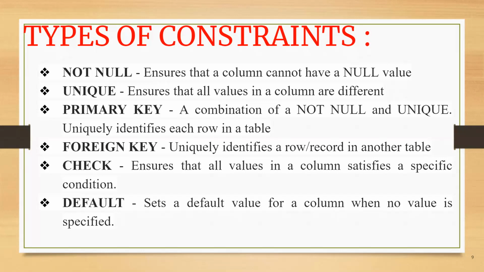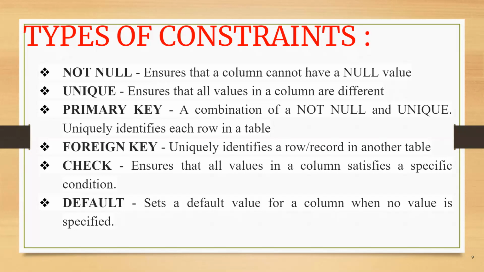Third, primary key, a combination of not null and unique that will uniquely identify individual records or rows in the table. Next, foreign key uniquely identifies a row or record in another table. So foreign key is nothing but creating a relationship with your primary key table. Next, we have check constraint, which will ensure that all the values in the column satisfy a specific condition.